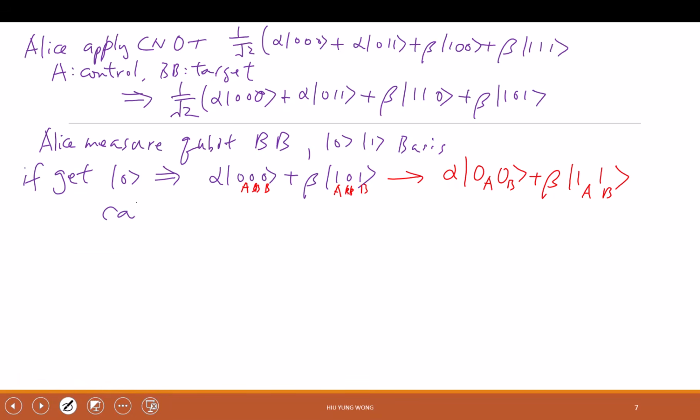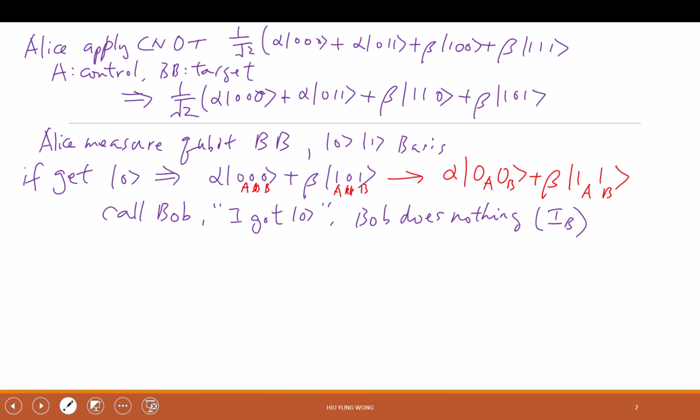She will call Bob, and actually this is the first time she will call in this algorithm, and say, I got 0. So what will Bob do? Nothing. Good. Which means apply I on B, because they already have the entangled state.